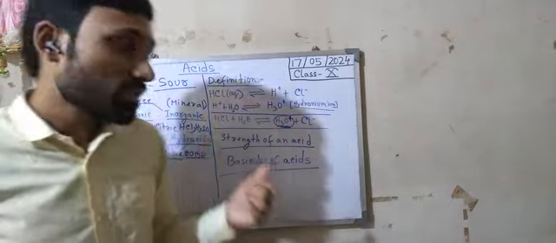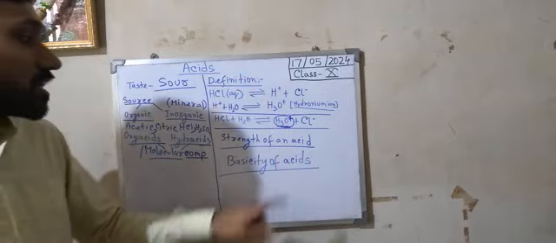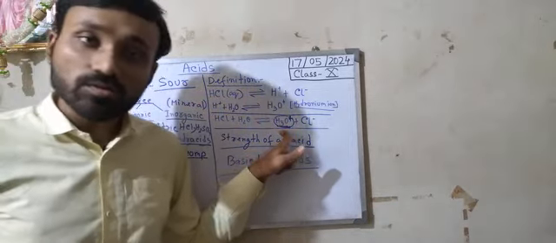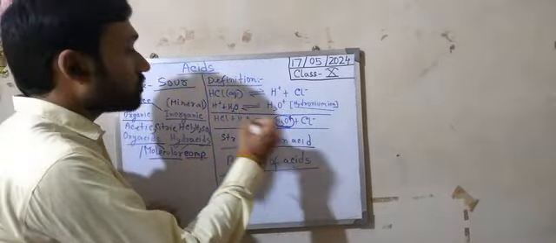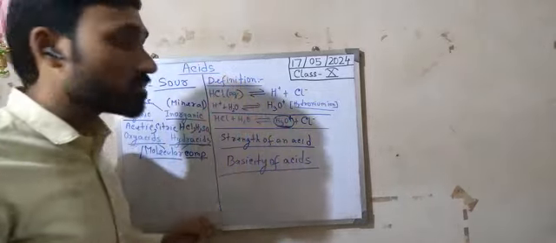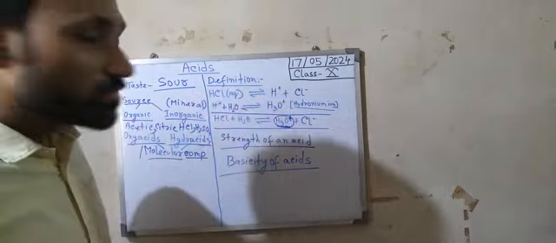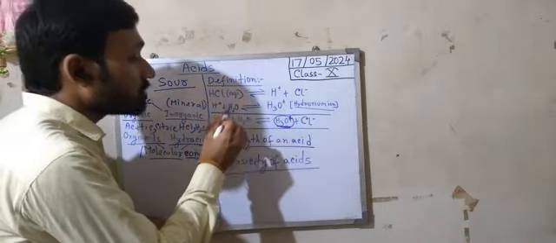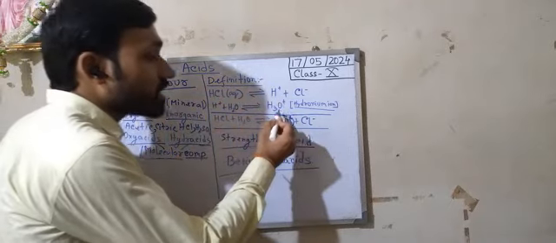So we have got the definition. An acid is a compound which when dissolved in water yields hydronium ion as the only positively charged ion. Now how is the hydronium ion formed? I have shown it here on the board. HCl (aq) in water ionizes into H plus and Cl minus, and the H plus ion combines with another water molecule H2O and forms H3O plus.